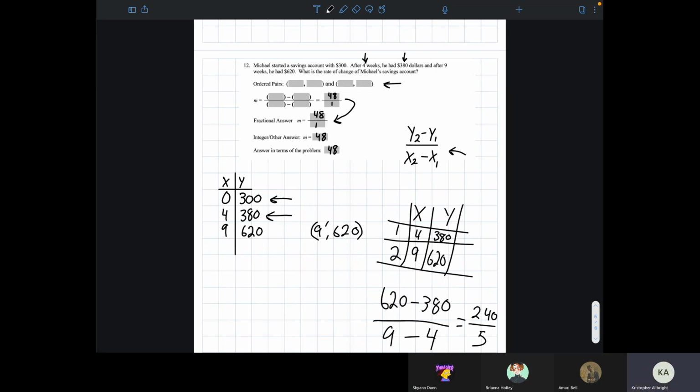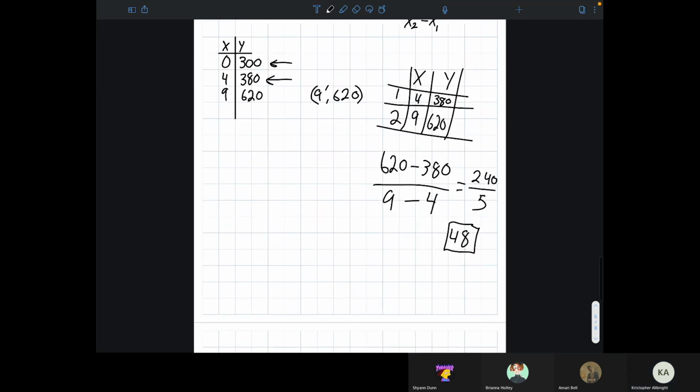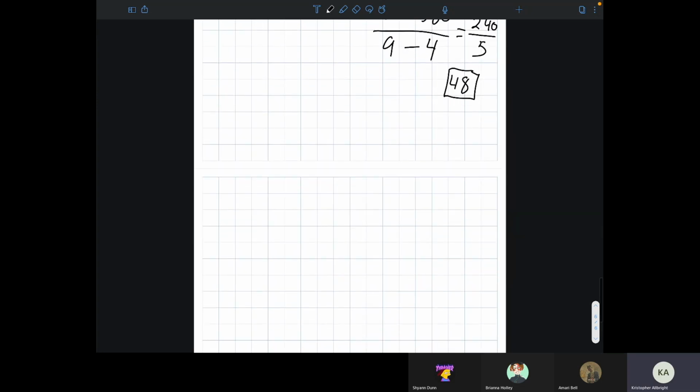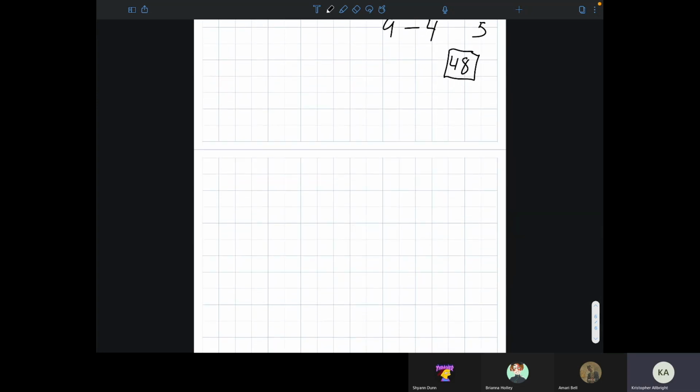Okay, so one last type of problem that it will give you in this is a problem with a slope that looks like that.